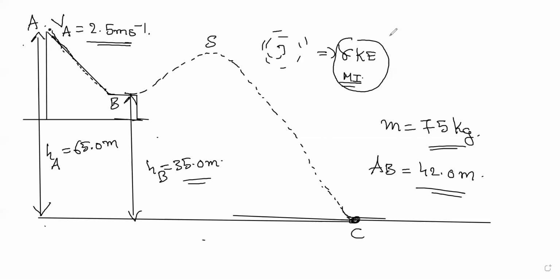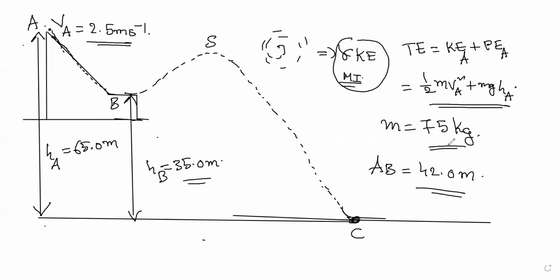Mechanical energy is the total energy, the sum of the kinetic energy and potential energy. So that is half mv square plus the potential energy at this point, mgh_A. You can calculate this. It is very easy, and you can substitute the numbers.